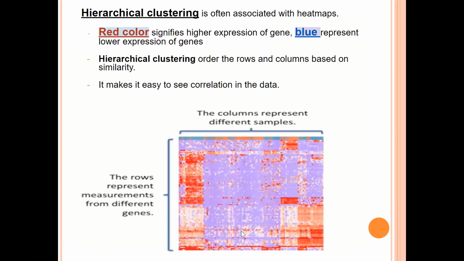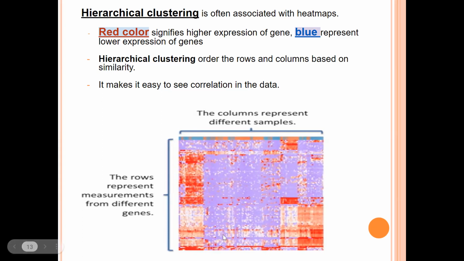Now I'll tell you one more thing: hierarchical clustering is also associated with heat maps. I hope you have heard about heat maps. If not, then please explore them. Let me give you a small hint. A heat map gives us information about the correlation of two variables. How strongly the variables are correlated with each other, we can analyze through heat maps.